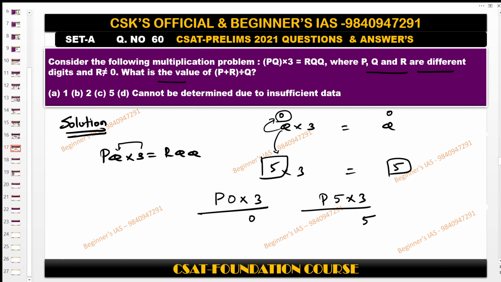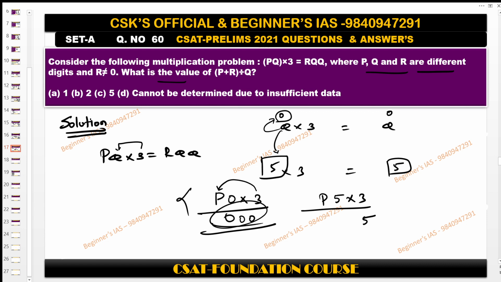Since Q is 0, in order to get a 0 here, this 3 has to multiply with 0 only. So if it is 0, then all the cases are 0. Therefore, this is not the right answer. Couldn't understand means please clarify.